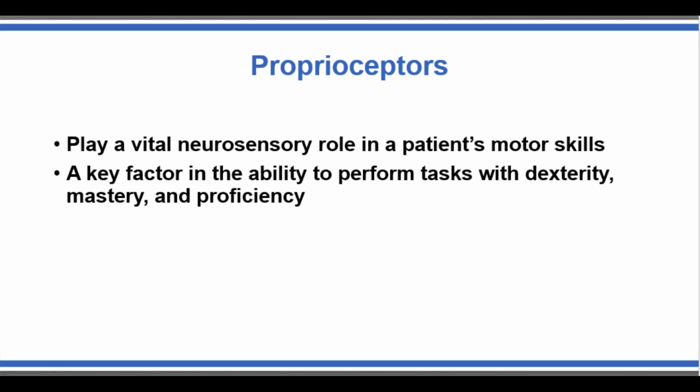Now, as we've already alluded to, these proprioceptors play a vital role when it comes to executing motor skills. And so they are particularly important when it comes to activities or tasks that involve dexterity, mastery, and proficiency.